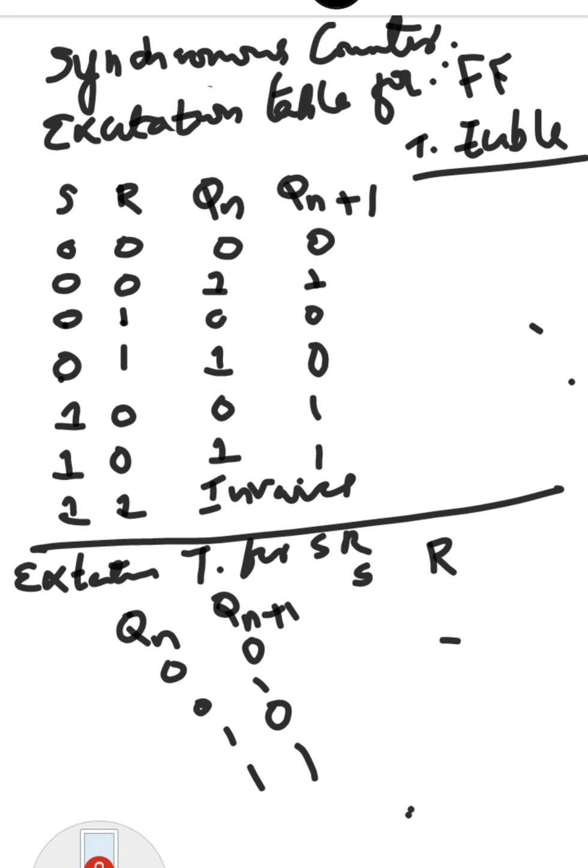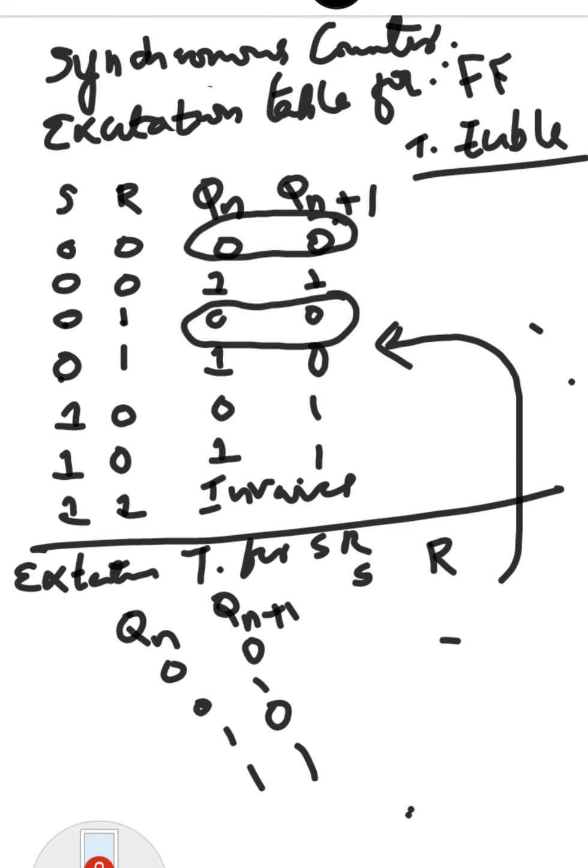For the 0 0 condition, what should be the values for S and R? You look back to this truth table and find out the rows under which Qn and Qn plus 1 are 0 0. So this is one 0 0 condition. Again, there is another 0 0 condition. So these are the two 0 0 conditions in the truth table. Qn is equal to 0, Qn plus 1 is equal to 0.